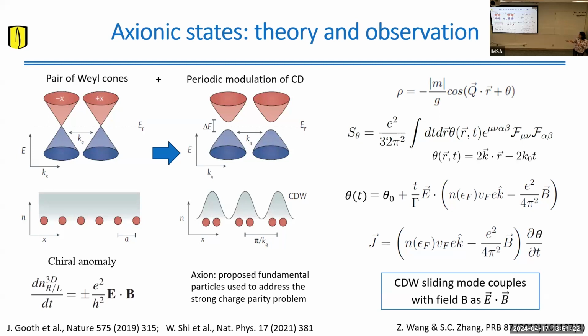So this term will get picked up into the current of your charge density wave, meaning that your charge density wave will respond to magnetic fields. It will be natural for it to respond to magnetic field. But not only the charge density wave, it will be a sliding charge density wave in which you can actually have signatures of this chiral anomaly for this charge density wave system.